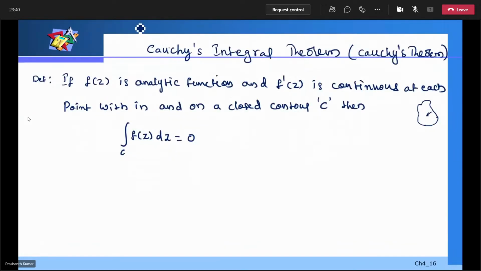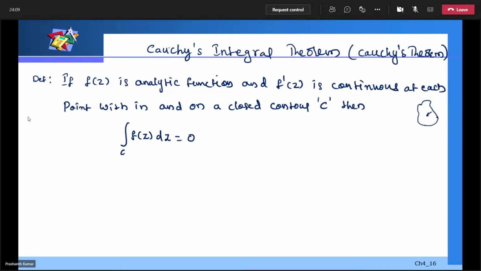Before that, yesterday we discussed the Cauchy's integral theorem also. This Cauchy's integral theorem says, if f of z is an analytic function, f dash z is continuous at each point within and on a closed contour C, then the integral over C of f of z dz is equal to 0.